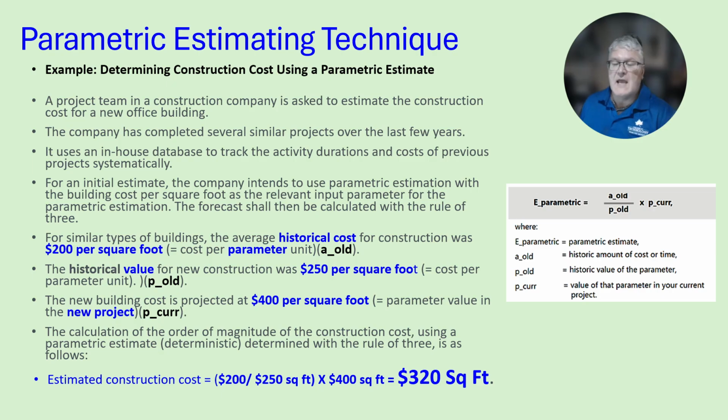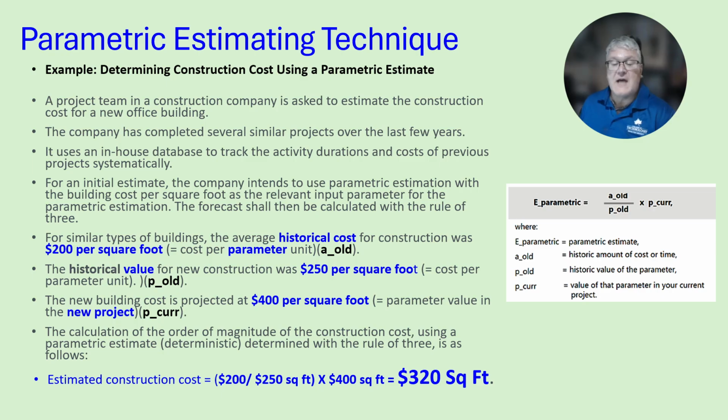It uses an in-house database to track the activity durations and costs of previous projects, and it does it systematically. For an initial estimate, the company intends to use parametric estimation with the building cost per square foot as the relevant input parameter. The forecast shall be calculated with the rule of 3.